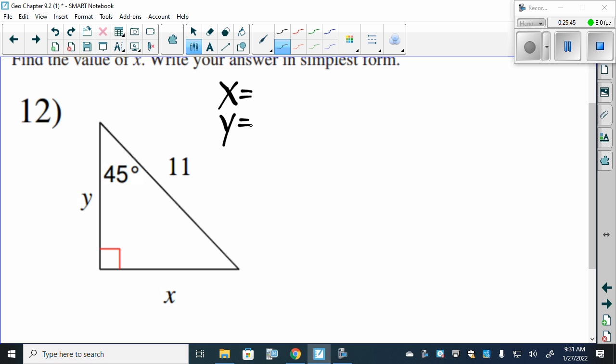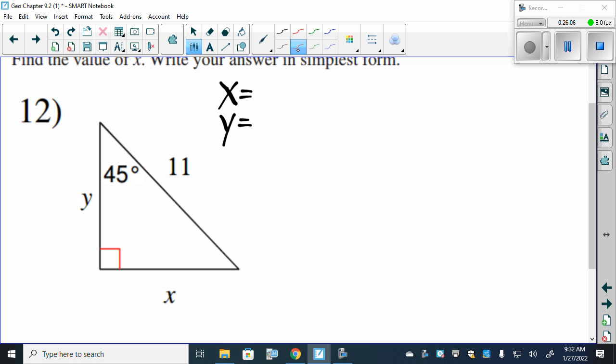So what can we do first, or what do we know about x and y? They are going to be equal to each other. Can we do what we did on the last one? It's an odd number. Well, we can still use the Pythagorean theorem, yes?